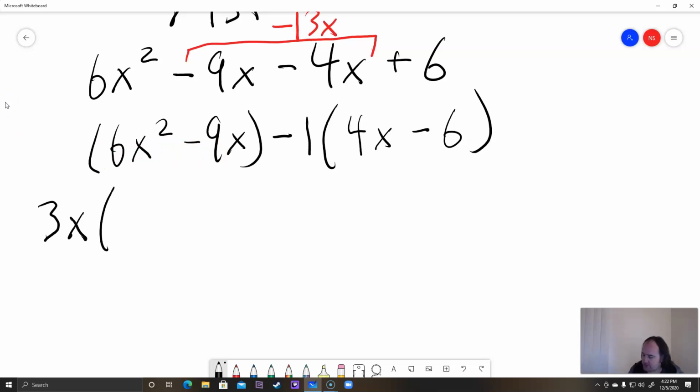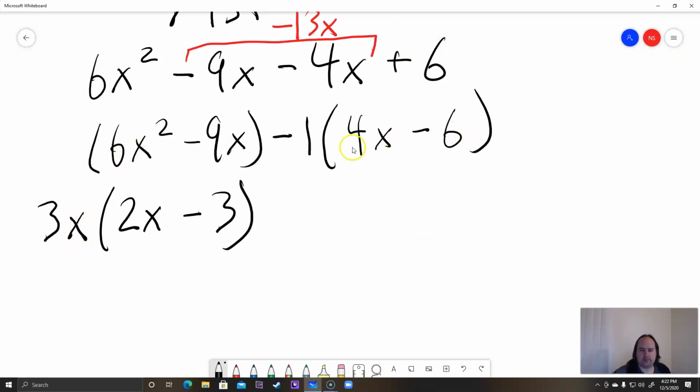And then what are we left with? Well, 3 times 2 is 6, and x times x is x squared. So we're left with a 2x right here, because 3x times 2x is 6x squared. And then here, we know 3 times negative 3 is negative 9. Okay? And we don't need to have an x there because we already factored out the x out here.